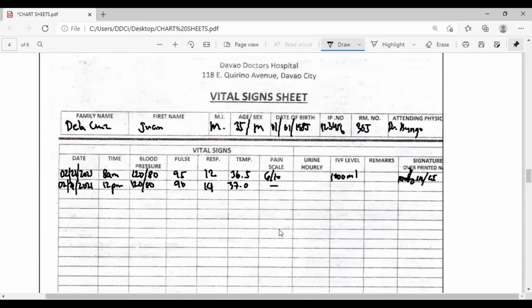And then at KVO rate, after 4 hours, the patient now has a 960 ml IV. Then you put in your signature, morning SN, then your clinical instructor will countersign, and so on and so forth. Make sure that when it is night shift, you write in red.